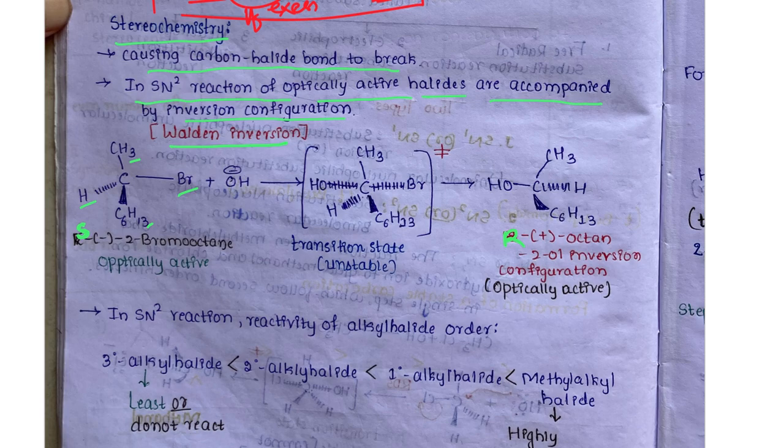So for an optically active halide in an SN2 reaction, the nucleophile attacks from the backside, then its configuration will be changed. So here it is optically active, then the product formed is also optically active when the nucleophile attacks from the backside. This is called a dotted line, this type of wedge and dash. Therefore, keep in mind this is a transition state.